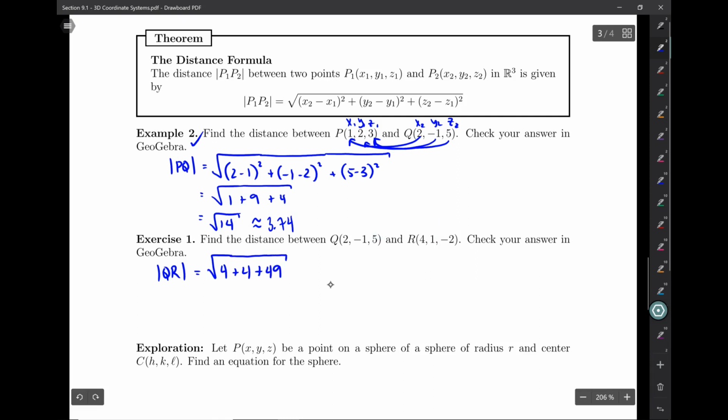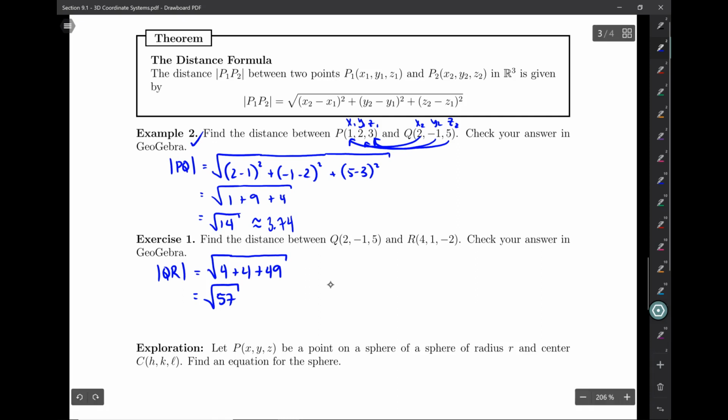Okay, lots of room for little sign errors there. So then we'd have, let's see, 8 plus 49 would be 57. And similar to 14, 57 does not have any perfect square factors. I believe 57 is actually, nope, 57 is not prime though. 3 goes into 57. Let me double check.